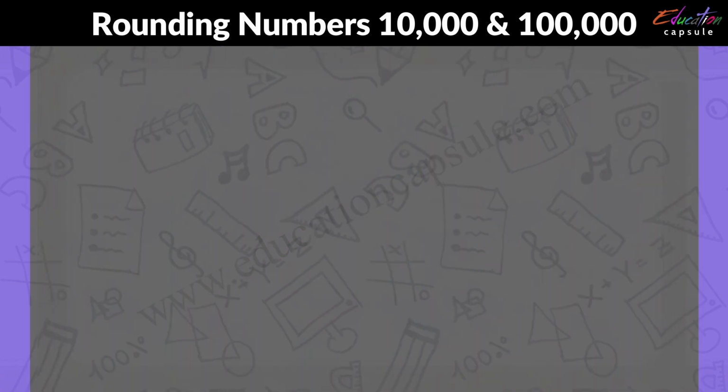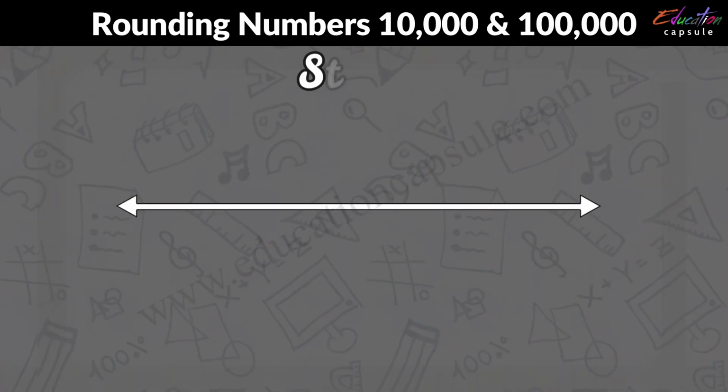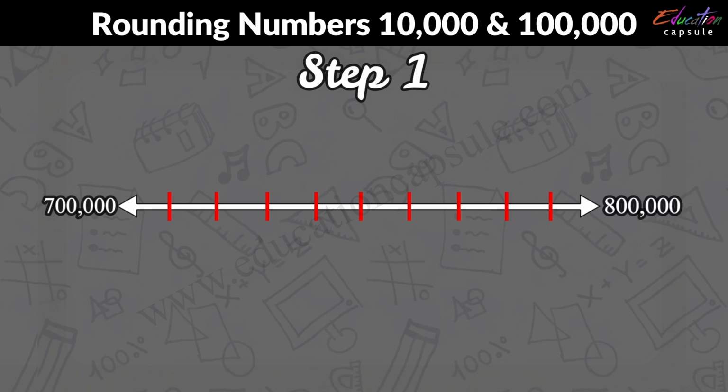First, using a number line. Step 1 is to write the multiples of 100,000 in between which 746,960 lies on a number line.